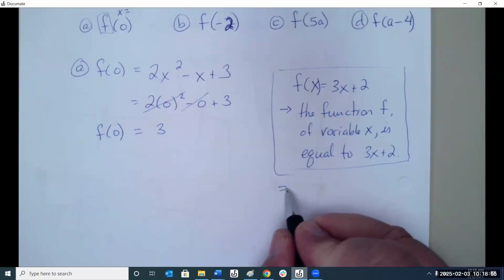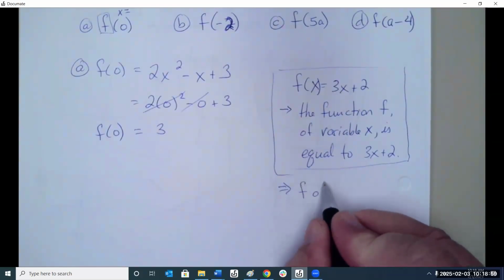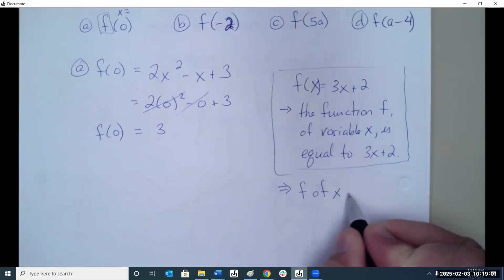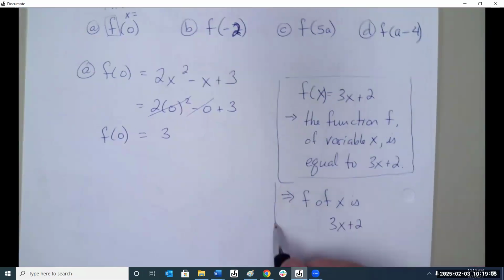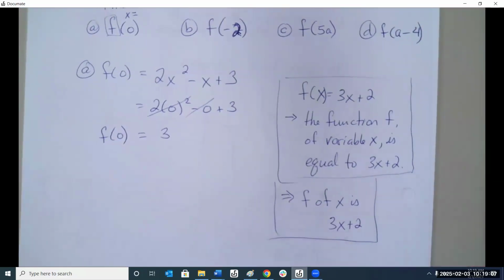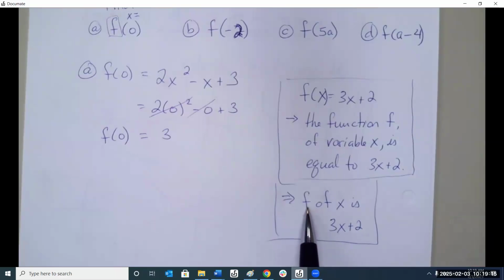The way we would normally read it is f of x is 3x plus 2. That's how we would normally read it, because that's the name of the function of this variable is this equation.